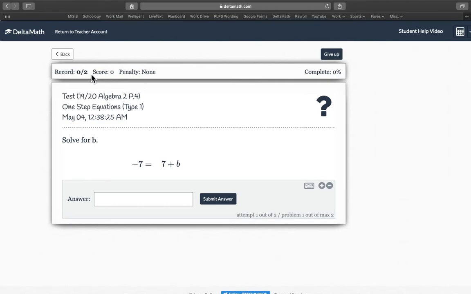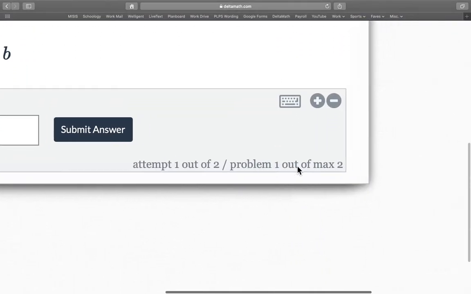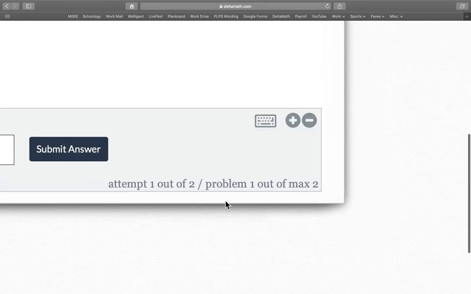Now it says 0 of 2. That means that you have to get 2. You're going to get 2 questions. No penalty. Now, if you look down here, it says problem 1 out of 2 max. That means you're going to get 2 problems max. You're only going to see 2 problems in this section.